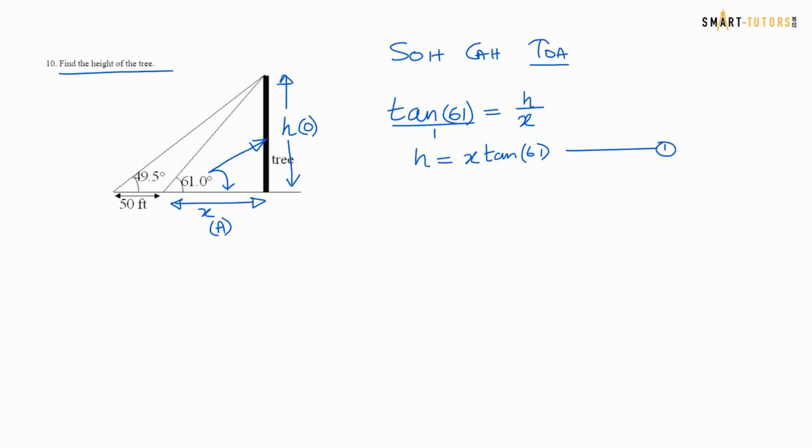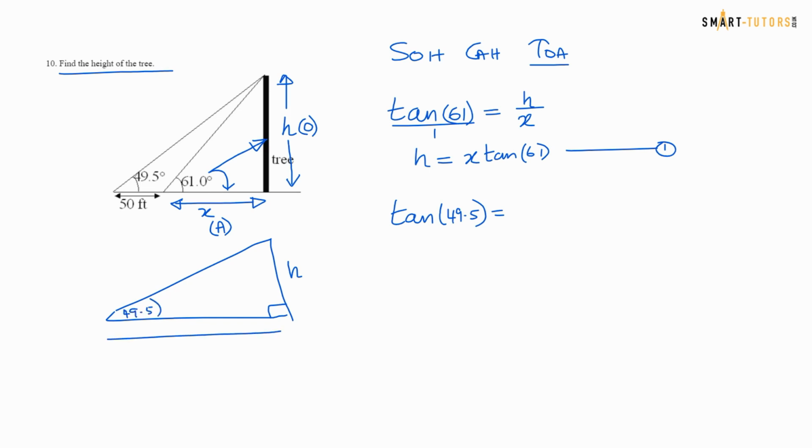Then the second equation is the big triangle. So tan 49.5 equals opposite. If you consider the big triangle, assume this is a right angle triangle. So this is h and this is 49.5. What I'm asking you to understand is that the total length here is 50 plus x.